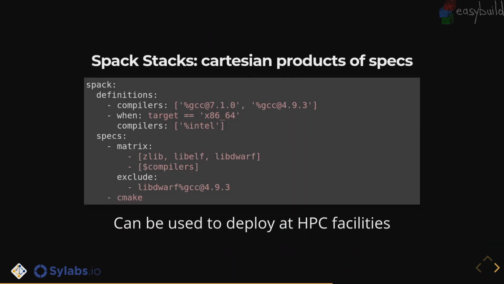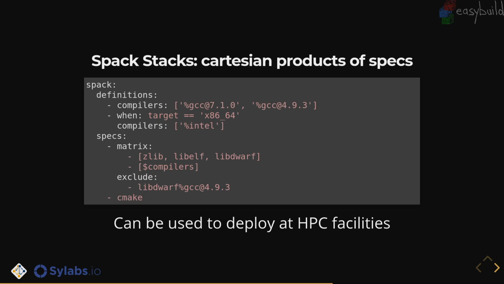The other thing that we did, and that's aimed in particular at HPC sites, is to include a matrix syntax to specify the specs in a spack.yaml. So you can give definitions that you can employ later. For instance, here I define what compilers means.